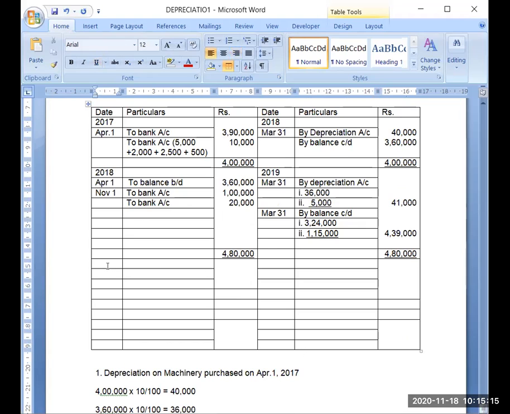Now we will come into the third year, 2019-20. And we will first write the opening balances. April 1, to balance brought down.